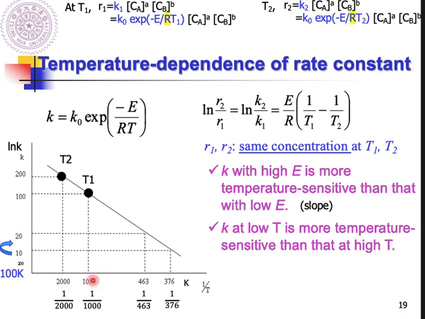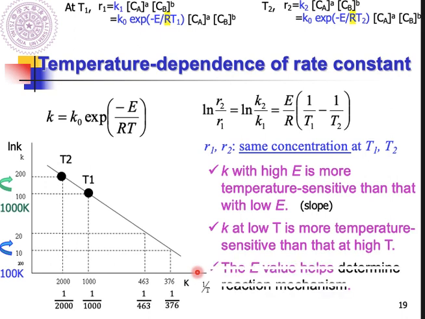But at a higher temperature regime, I need to increase the temperature by 1000 K, which is 10 times larger than in the low temperature regime, to also double the log k. So this is why they say the k at a lower temperature regime is more temperature sensitive. It's easy to double your k, the log k.